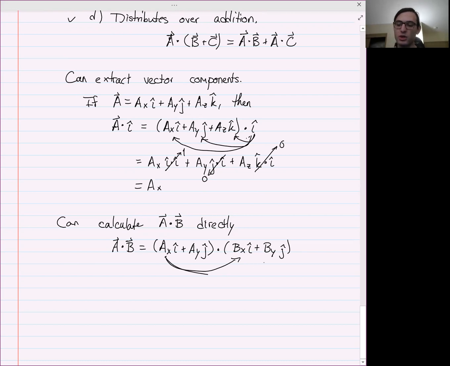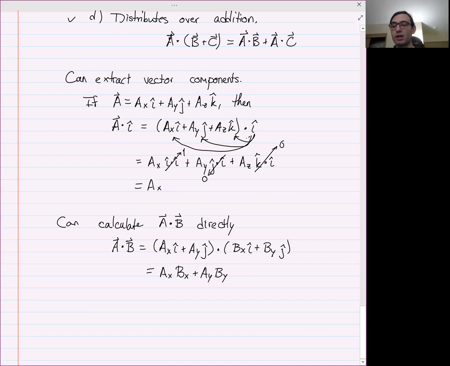And then you would do these two terms, Ax i hat dot By j hat. That would be Ax By times i hat dot j hat, but that's 0, so those two terms would vanish, and so on and so forth, and you'd end up with 0 cross terms. You just get Ax Bx plus Ay By.